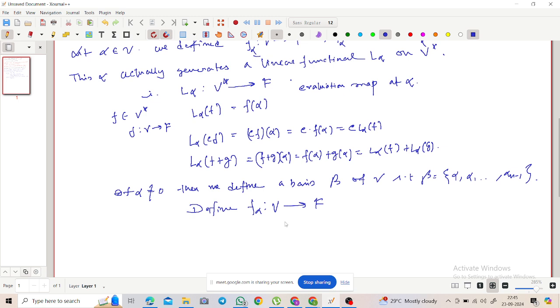How is it defined? Suppose v is a vector in V. v is of the form c alpha plus summation c i alpha i, i running from 1 to n minus 1. So f alpha of v basically sends this v to the coefficient of alpha.